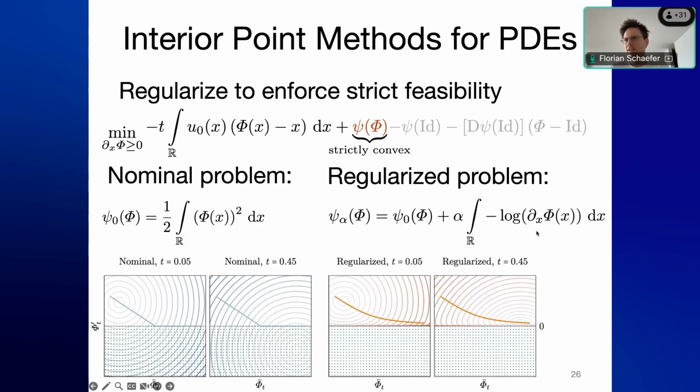As the derivative of phi goes to 0, this negative logarithm blows up and becomes infinitely strong as we move closer to the boundary, repulsing us and pushing us away from the boundary of the constraint set. And now if we again form these homotopy paths, so we trace the solution as a function of t, we see that before we hit the boundary and slide along it, whereas now we instead asymptotically approach the boundary.